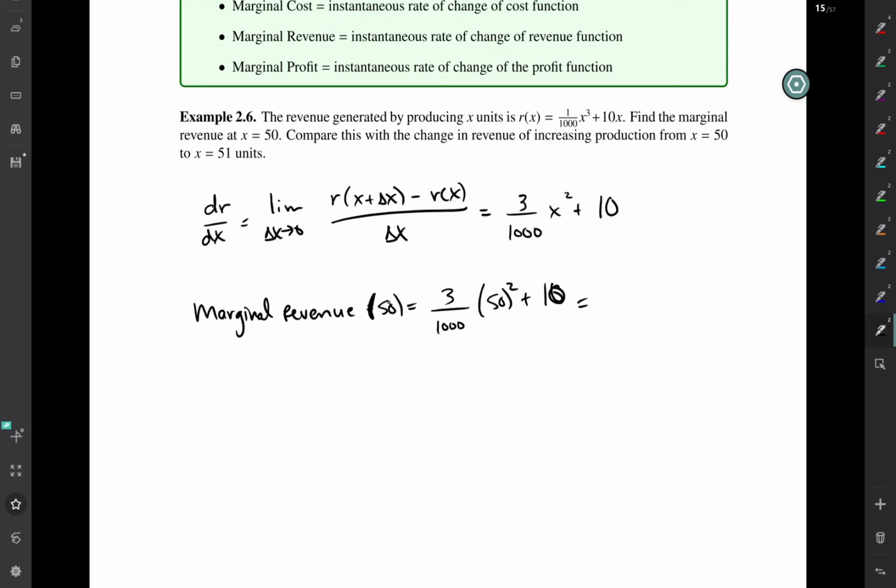That's going to give you 17.50. So that's estimating that we're going to make another $17.50 by selling one more unit if you've already sold 50.